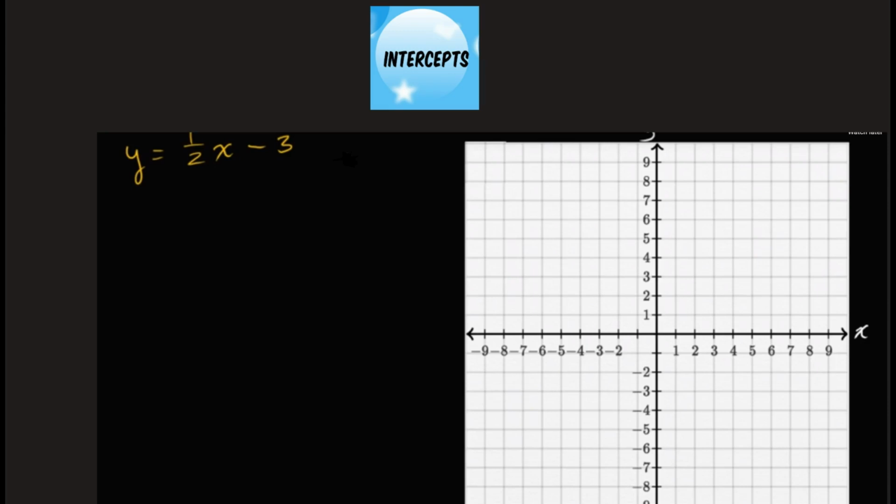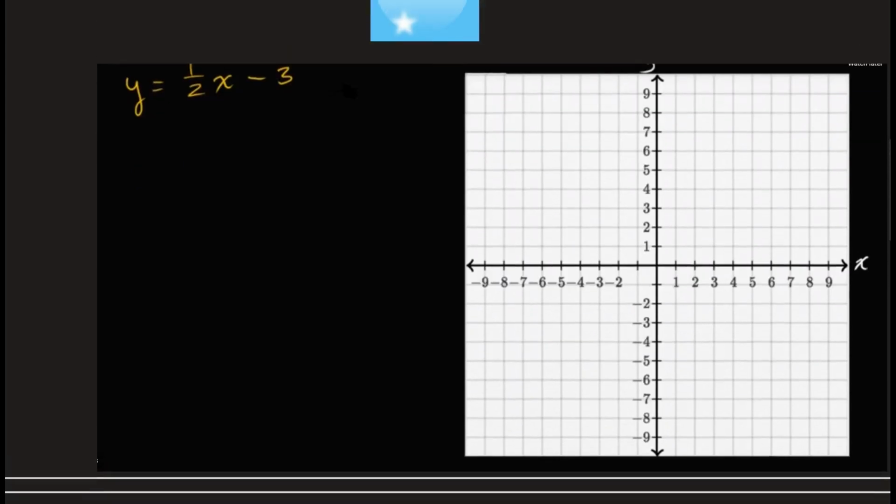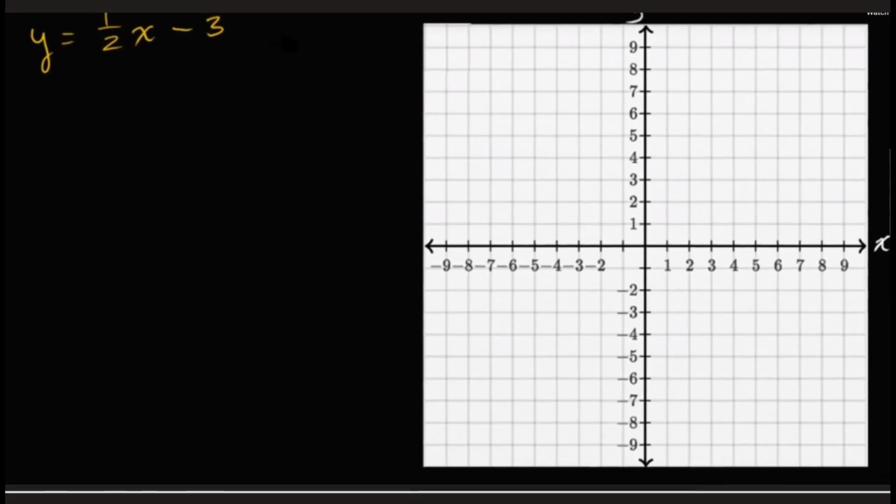Right now we're going to go over graphing it and also plugging in 0 for x or y. So first we're going to look at this linear equation and graph it. Now, as you know, whenever you're confused by graphing, you should create a table. So I'm going to create an x and y table.